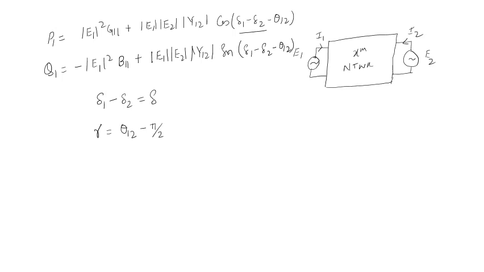So what I will get now, as you can see in this equation here, the delta 1 minus delta 2 is in this form.